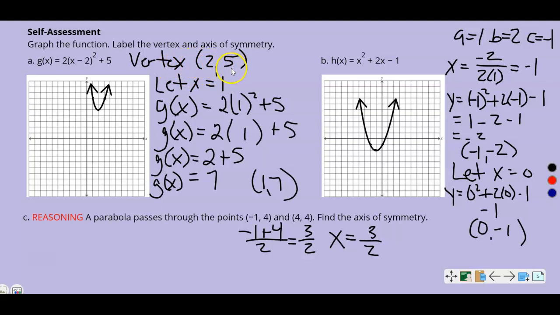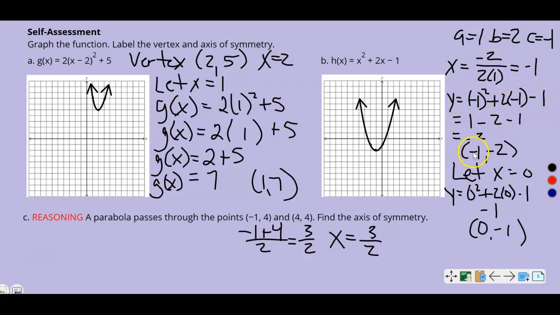The vertex is (2, 5). The axis of symmetry is x equals 2. So x equals 2 is your axis of symmetry. On part B, this one's in standard form, so you have to identify your a, b, and c. Find the vertex by doing negative b over 2a. So your x value is negative 1. Plug that into the function and get negative 2.